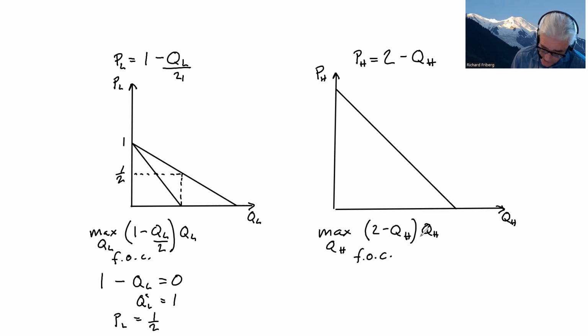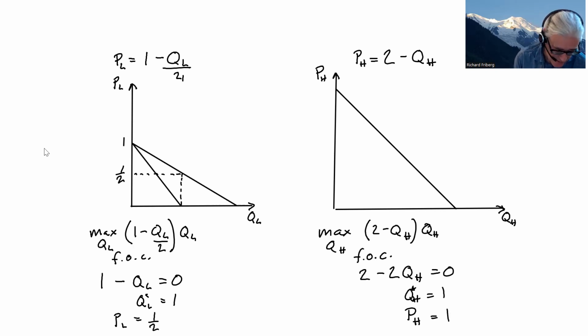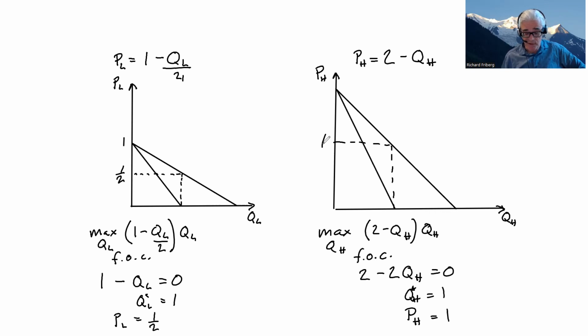So the first order condition will just be 2 minus 2QH equal to 0, and QH star equals 1, and PH equals 1. Okay, just plugging in this. Moving somewhat quickly there, but it's just reapplying exactly the same thing that we did for the L group. Okay, so a price of 1 to the high group.